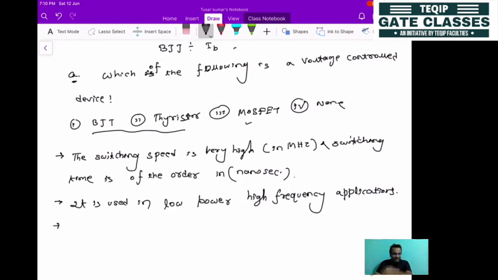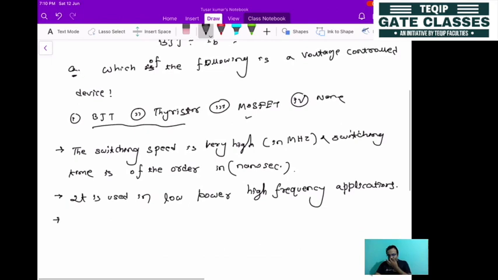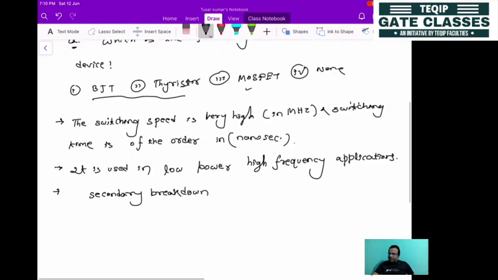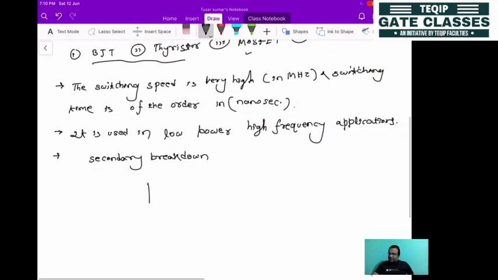So the next point is, in BJT there is one very prominent drawback, which is called secondary breakdown. So what does it mean? Let's say this is one transistor, it is PNP, or it can be NPN.